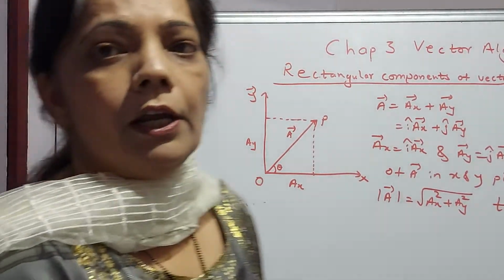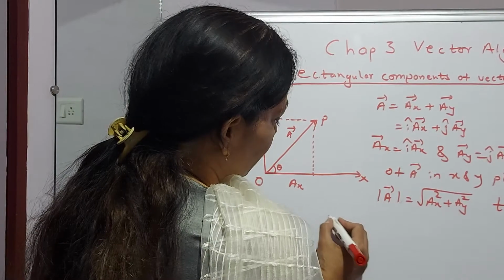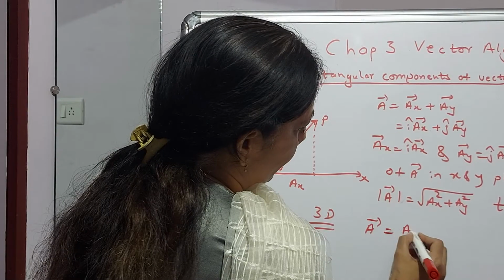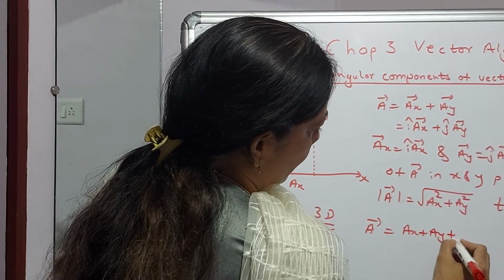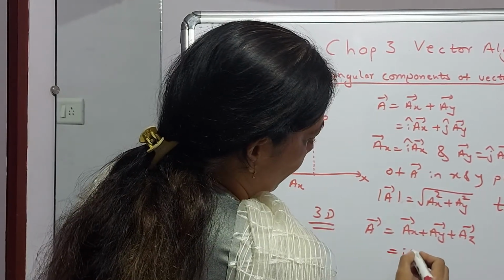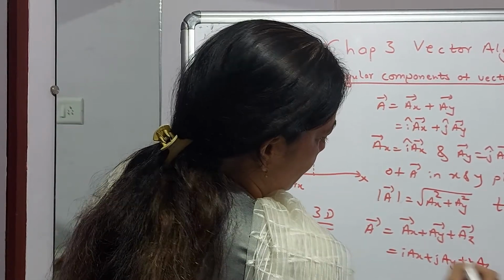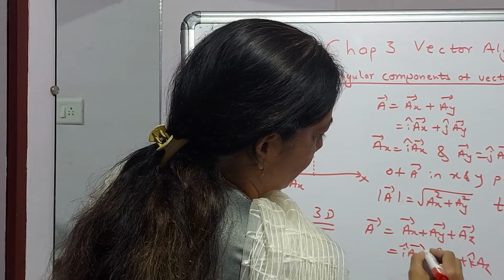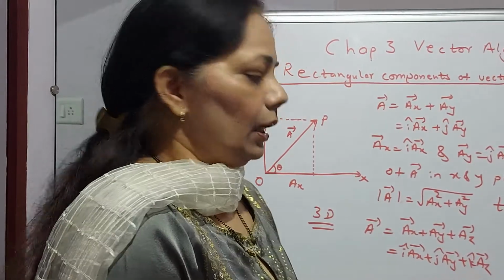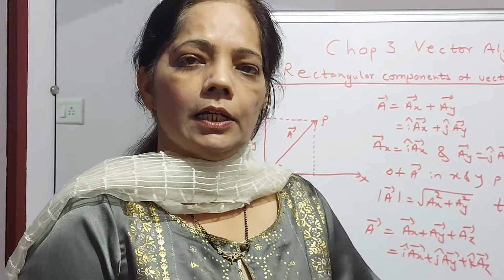But if instead of two-dimensional, that is X and Y, suppose I have A in 3 dimensions, how will I write vector A? I will write AX plus AY plus AZ, which will be iAx plus jAy plus kAz. What are they? i, j, k are the unit vectors along X, Y and Z axis respectively.